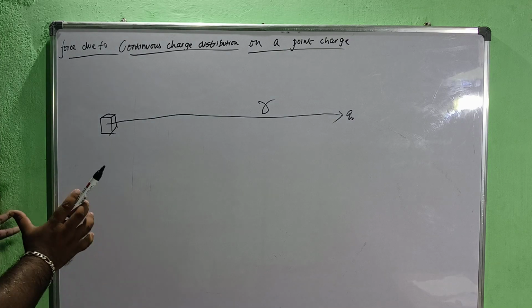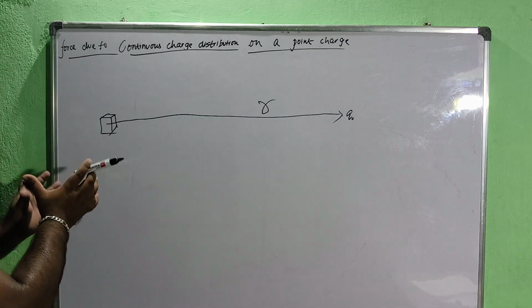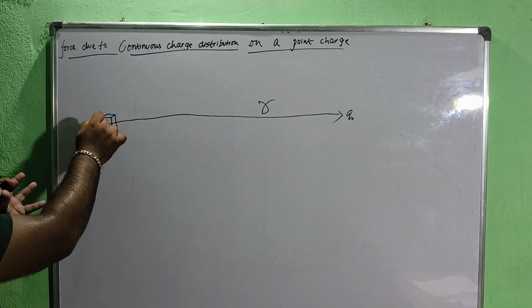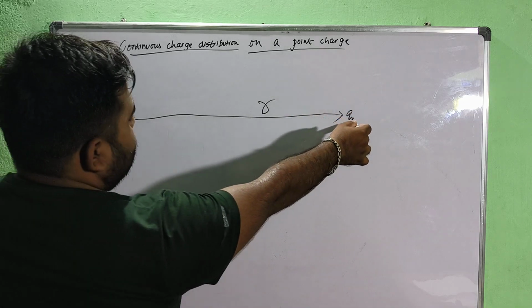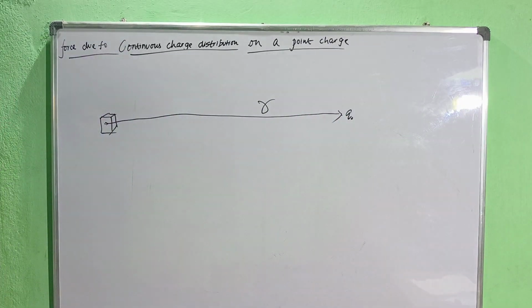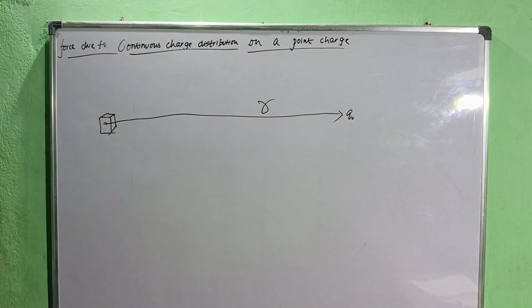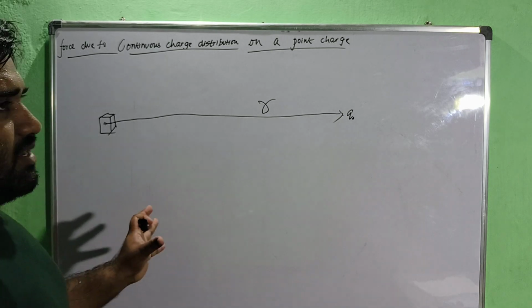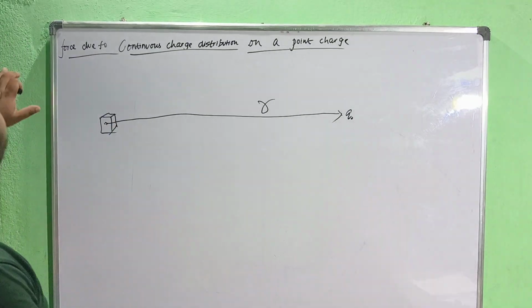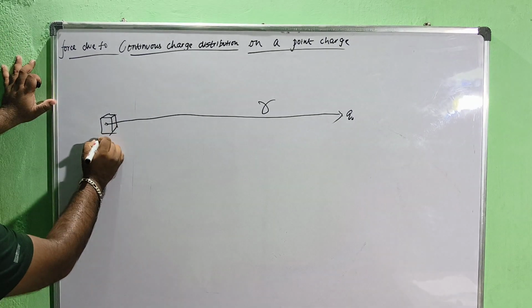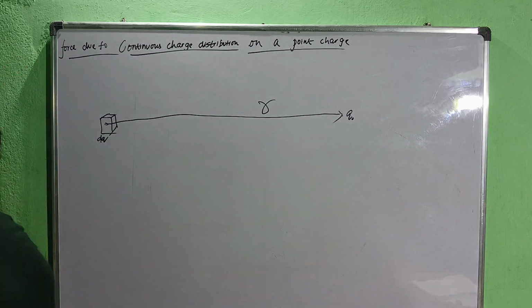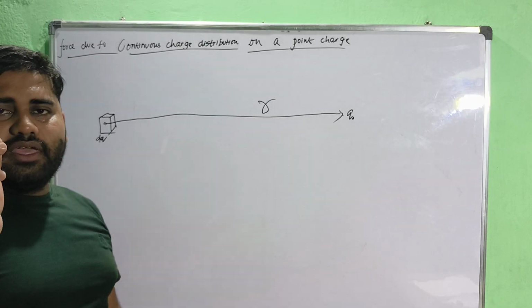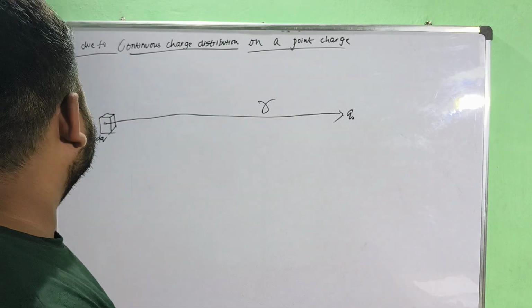We need to find with what force this charged object acts on Q naught. Let it have a large amount of charge, and at this point let that charge be dq, a small amount of charge.